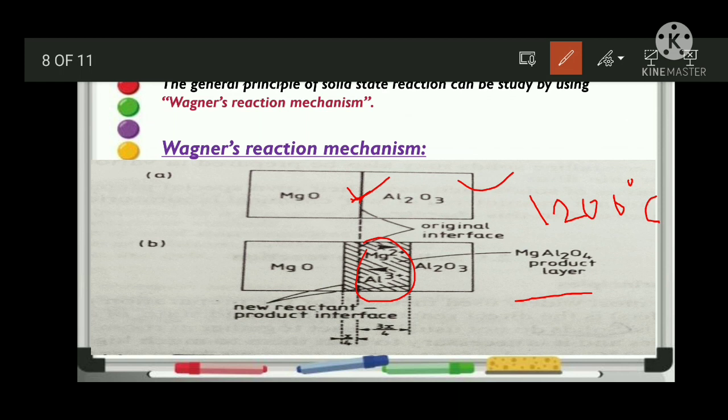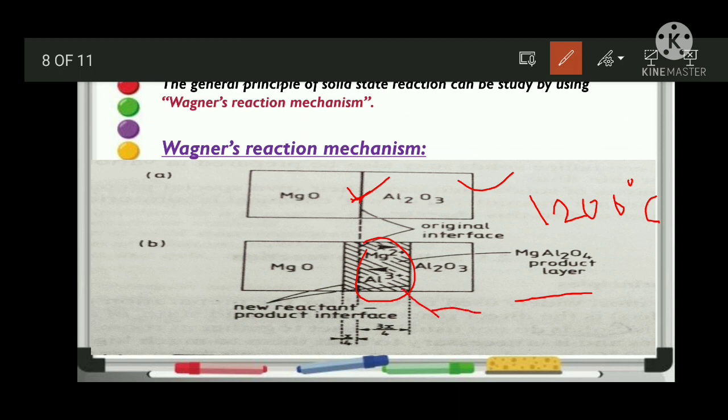But according to the Wagner principle, after formation of magnesium aluminium oxide, the reaction does not stop here. The ions from the magnesium oxide, that is magnesium 2+ ions, and the ions from the aluminium trioxide, that is aluminium 3+ ions, are interdiffused.